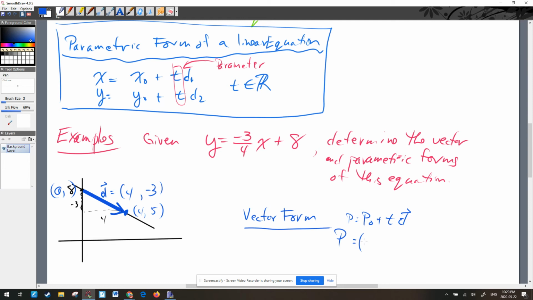Okay, so I'm going to just use 0, 8 just because it's nice, plus T times the direction vector, and we've said the direction vector is 4, -3. Now, just as easily, we could have done the direction vector that went in the opposite direction, right? And so we could have done -4 and +3 because they are collinear. They go in the same direction as one another.